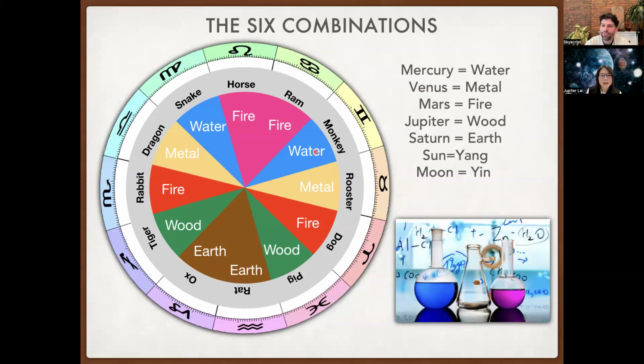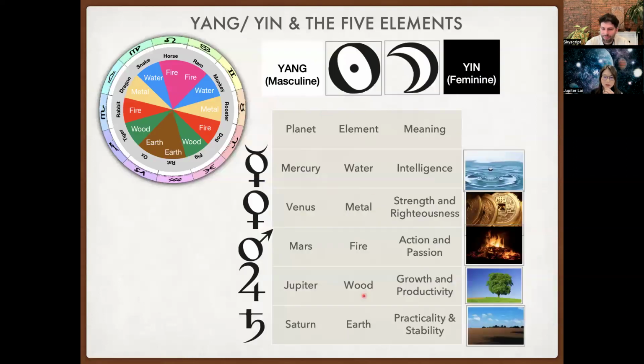Maybe you can check this about how the five elements and the five planets and their meanings work. For example, Mercury is the water element. In Chinese astrology, water corresponds to intelligence and is related to Mercury.